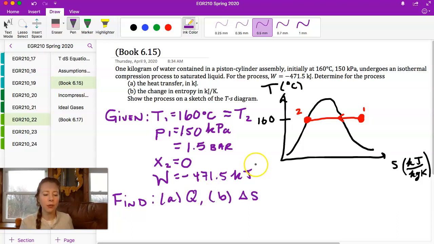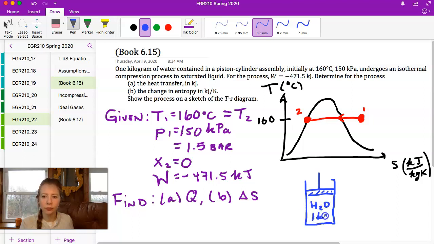And we're just dealing with water, 1 kilogram of water in a piston cylinder assembly. So we have a piston cylinder assembly. It's undergoing some process. Well, it's undergoing compression from 1 to 2. And we have 1 kilogram of H2O. Okay, so 1 and then 2, we're undergoing compression.